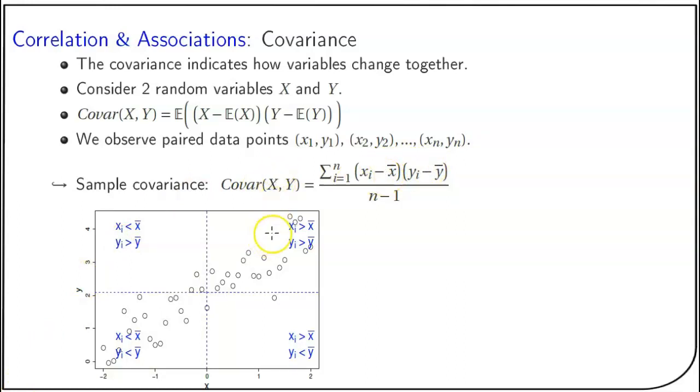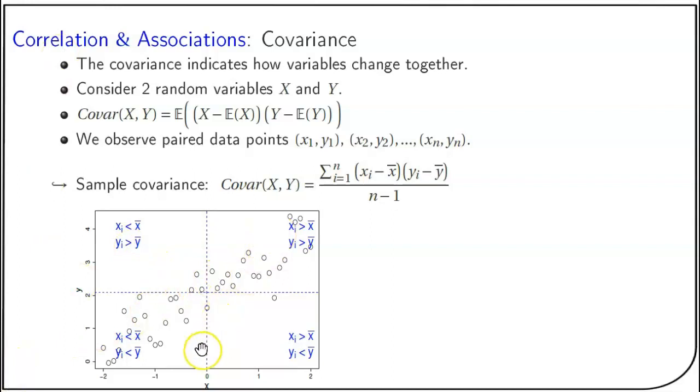Therefore, in practice, if most of the points fall into these two regions, the resulting sample covariance will tend to be positive, because the positive component coming from these two regions would dominate the negative ones. Of course, we are assuming that for the few points that fall into region 1 and region 4, these deviations are not extreme.